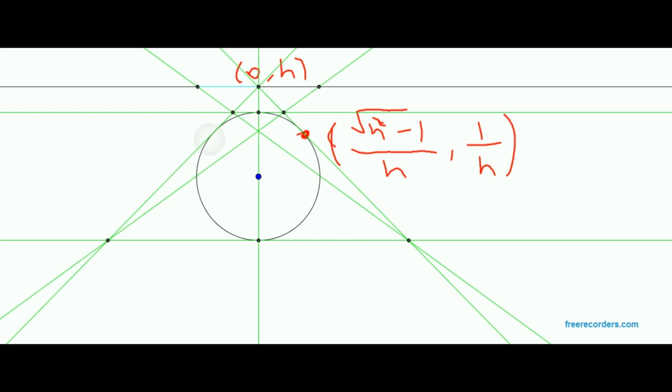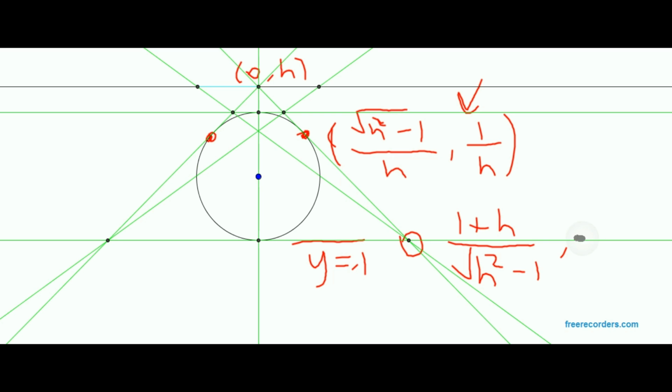Of course, there's going to be a contact point over here as well, which is going to be the reflection of this point here in the x equals 0 line. And then this line here is going to be the line where y equals minus 1. And this point here, you can work out that it has x coordinate 1 plus h divided by square root of h squared minus 1, y coordinate of course minus 1.